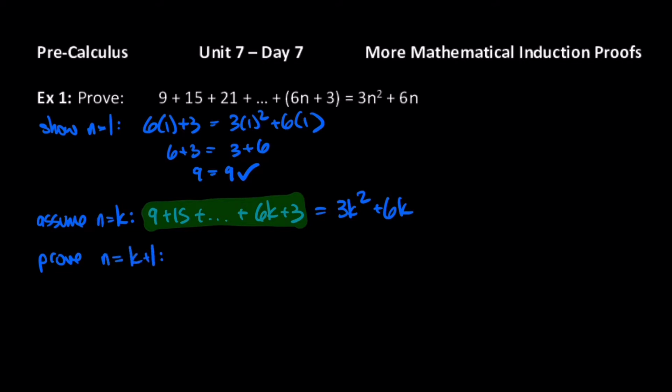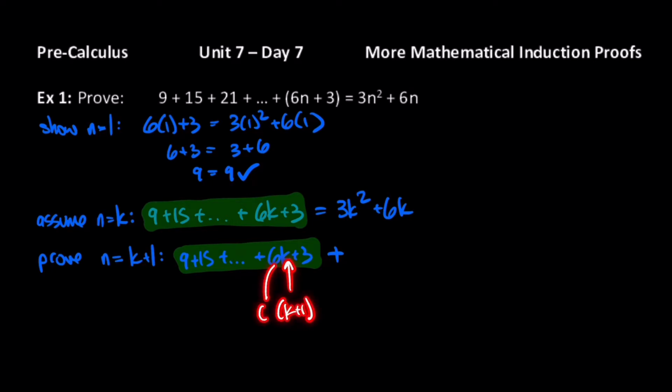So I'm taking this and then I'm adding one more term to it. Okay, so it's 9 plus 15 plus dot dot dot plus 6k plus 3 plus what I get when I replace that k with k plus 1. So I've got a 6, and I've got a plus 3 I have to include in that.